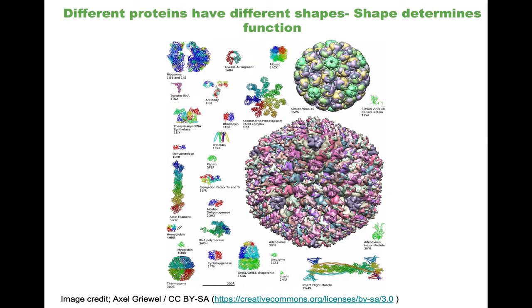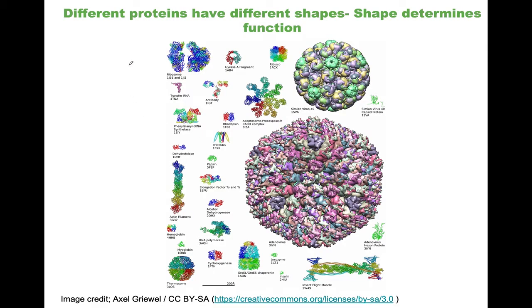Hemoglobin is a protein that is involved in carrying oxygen in our blood. So you see they are all taking different shapes. These are proteins that make the outer coat of a couple of viruses. This protein is an insect flight muscle protein.